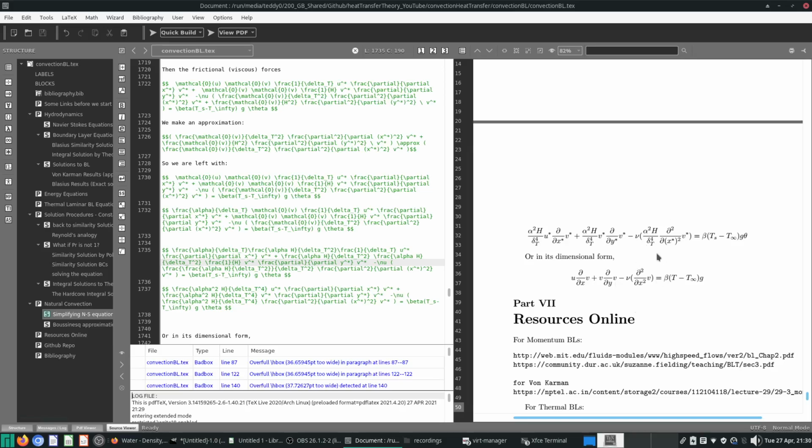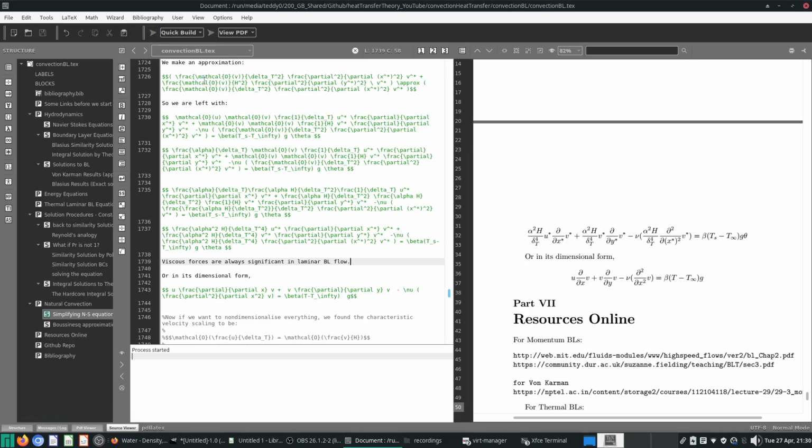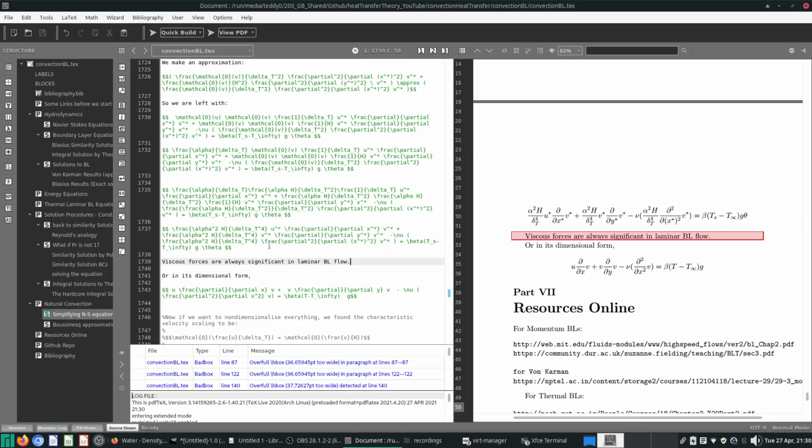Viscous forces are always significant in the laminar boundary layer flow that we are assuming. That applies to forced convection, natural convection, mixed convection, whatever. Viscous forces are important, so we cannot ignore them. So this is the non-dimensional form, so to speak, and this is what we have in the dimensional form.